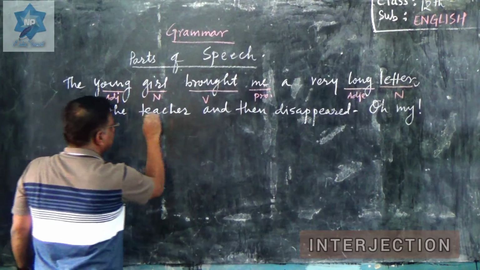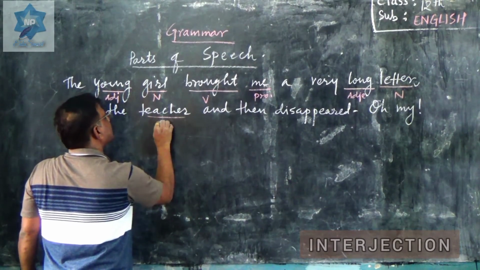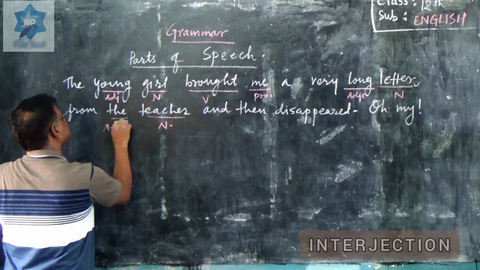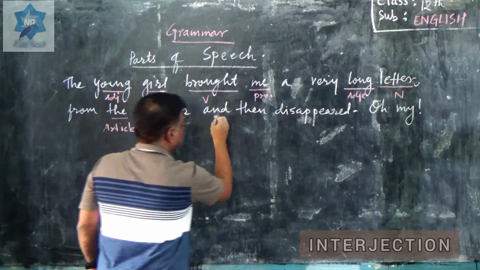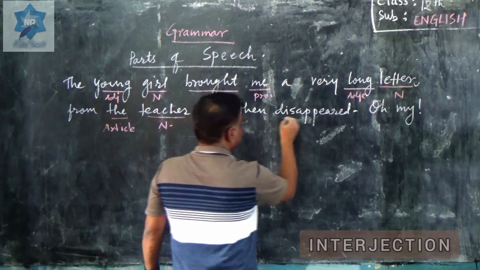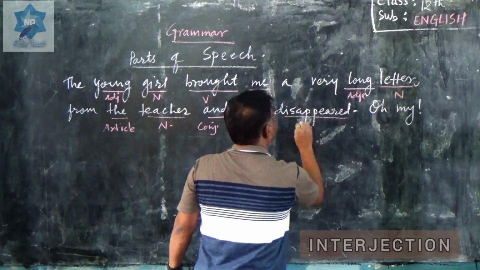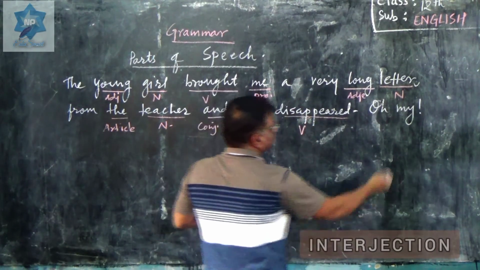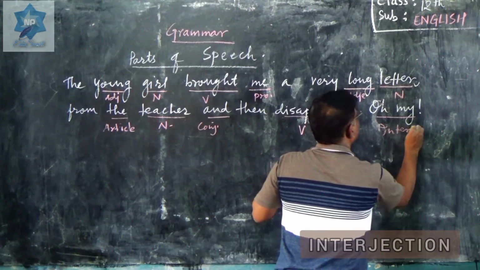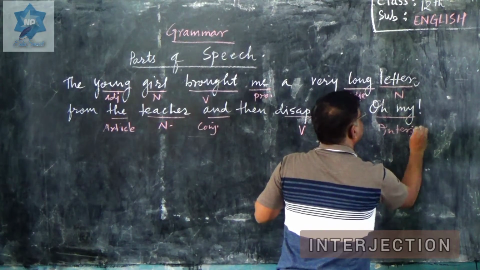From the teacher. Teacher is a noun. The is an article and and is a conjunction. Disappeared is a verb, and oh my is an interjection.